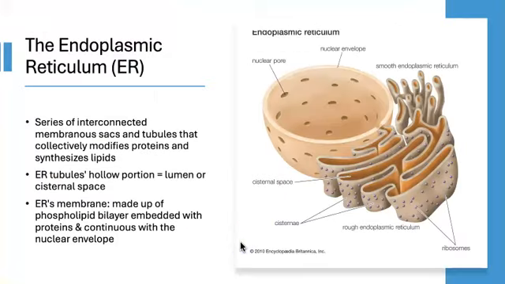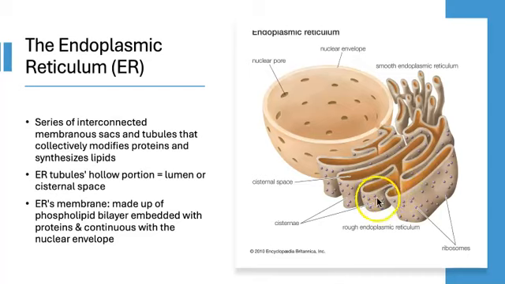Now let's start off describing the endoplasmic reticulum. You could see that these are interconnected membranous sacs and tubules that are collectively going to modify proteins and synthesize or make lipids. These tubules are these hollow portions that we see, and we call them the lumen or cisternal space.